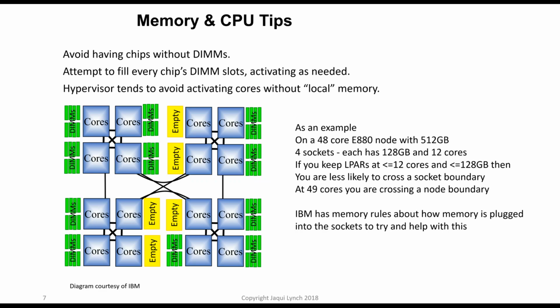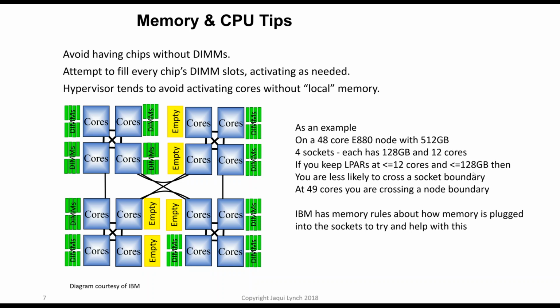All right. I've talked a little about this, but one of the things that you do want to do is avoid having chips without DIMMs, and you can do it. Now, if I look at an E880 with 512 gig memory, what happens here is it's a 4-socket box, and each socket has some quads assigned to it.